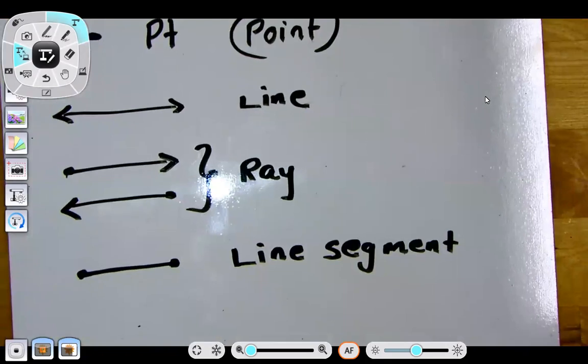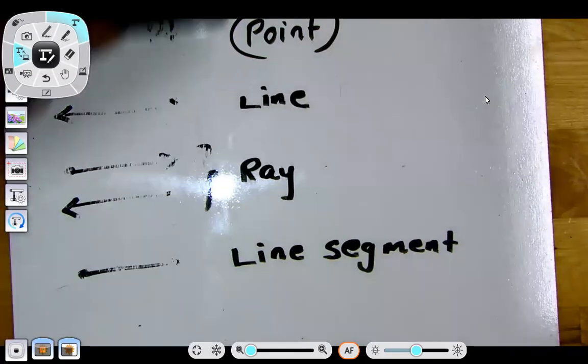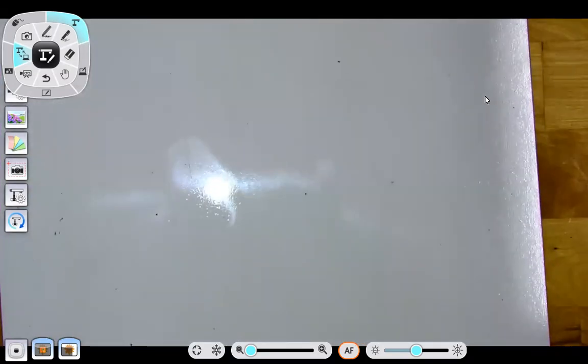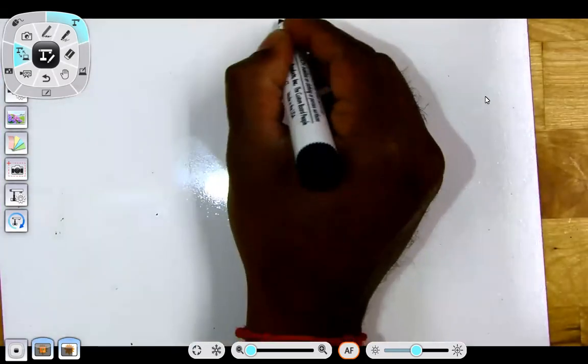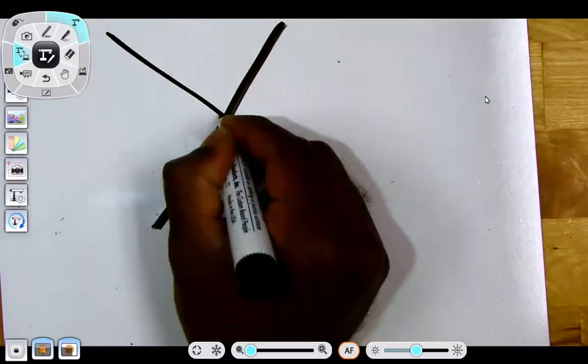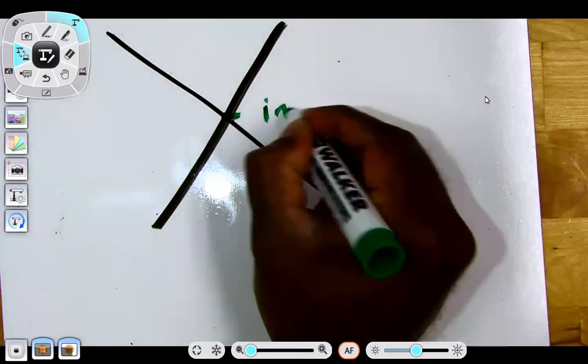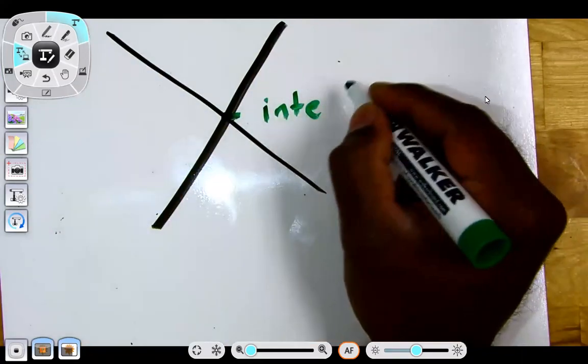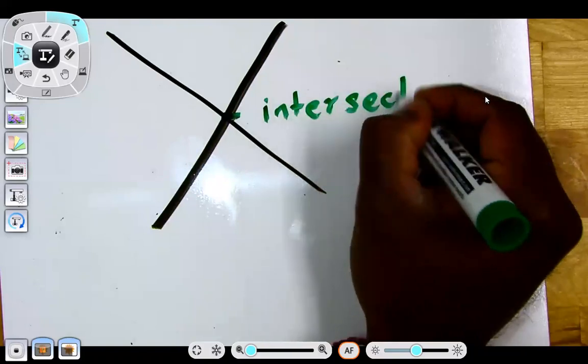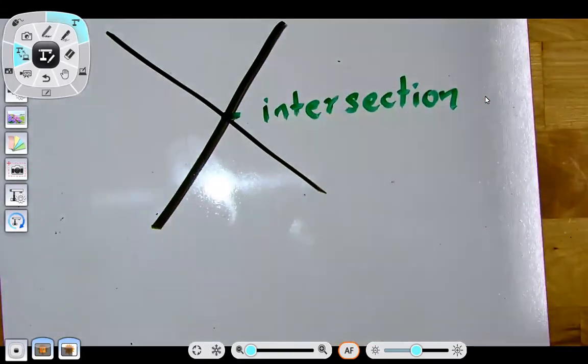And then we will get into two lines intersecting. If two lines intersect at this point, this is called the intersection.